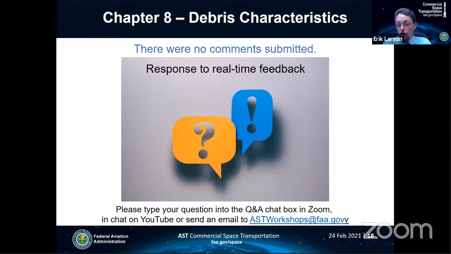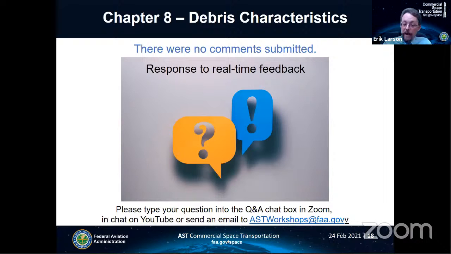So as we said, we're looking at expanding this section of the AC on debris, perhaps into its own AC, and providing more information on debris and how to develop it and what we know would be helpful, but that is still being contemplated at this point.